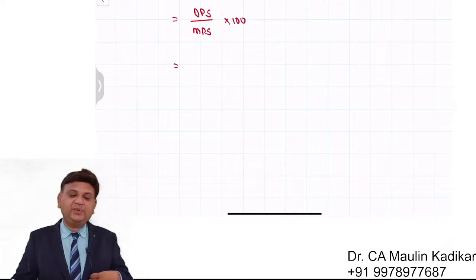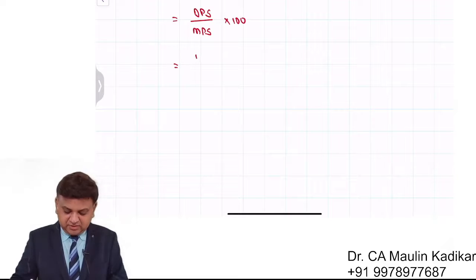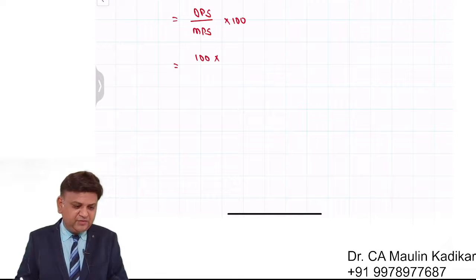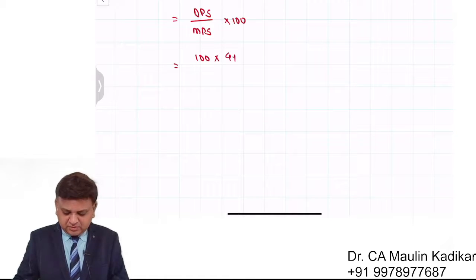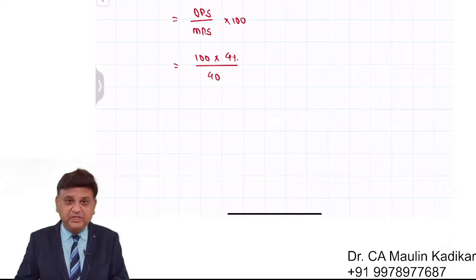See, what is the face value of the equity share? It is 100. What is the rate of equity dividend? 4%. So 4 rupees is the equity dividend income and the market price of the equity share is 40.